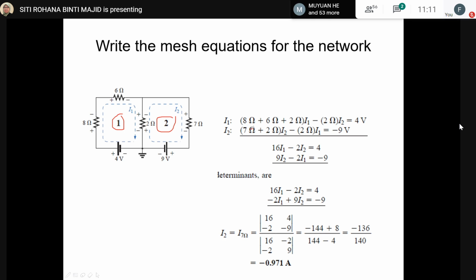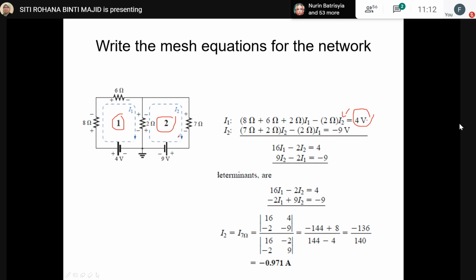So you can write the equation 8 plus 6 plus 2 for I1, but the 2 ohm experiences the reverse direction of current I2, and then we have the total potential as 4 volt. For the second loop, we do the same thing, which is 7 plus 2, but with the reverse direction of current I1. Okay, deduct, and then finally you get 9 volt.